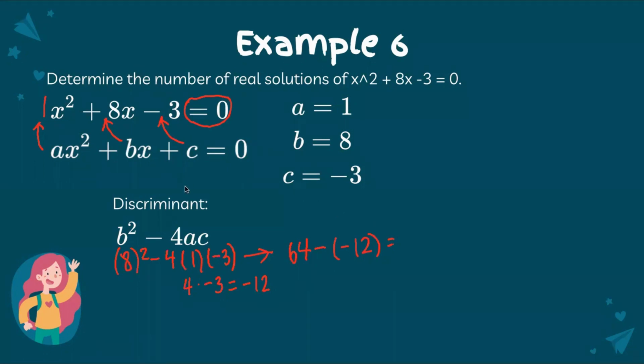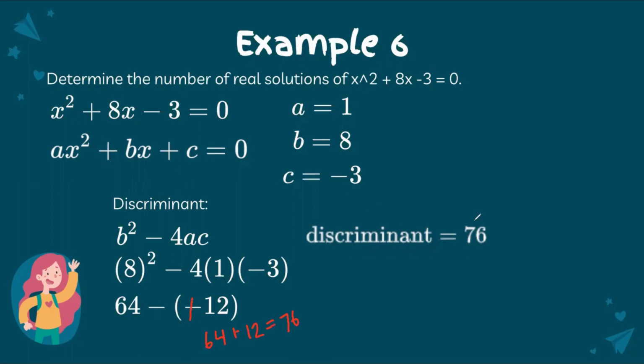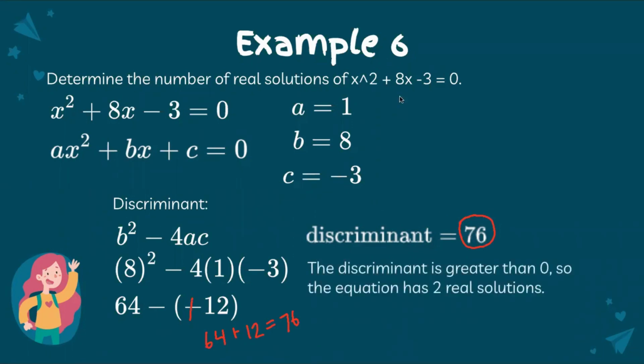And so once we've simplified that, we can just go ahead and evaluate that. 64 minus negative 12, our minus would just turn to a positive, so 64 plus 12. And 64 plus 12 equals 76. Now you can go ahead and interpret the discriminant. In this case, our value is greater than 0, and it's positive, so we know that there are two real solutions for our quadratic equation.